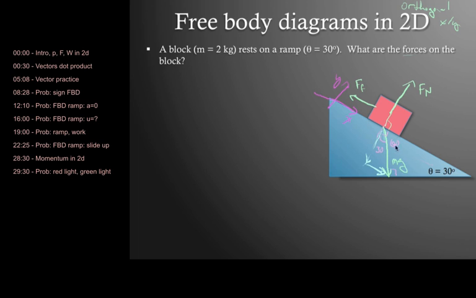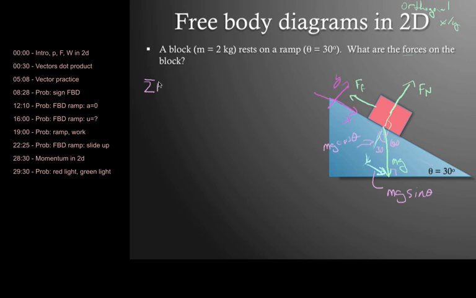Now that I have mg as my hypotenuse, this piece should be mg sine theta, and this piece right here should be mg cosine theta. So I've decomposed this mg into two different pieces that are projected on this x and y coordinate system.